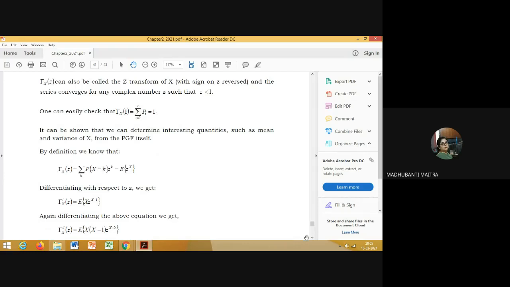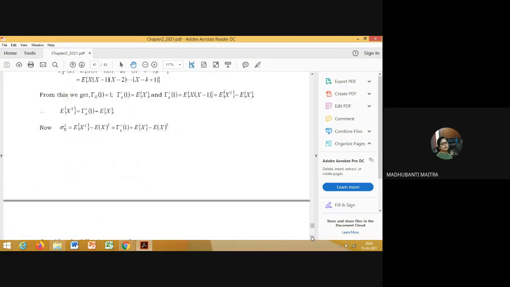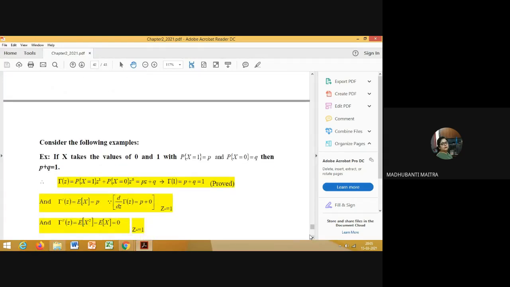So now within the summation, we will get only two terms. One for probability that x is equal to 1, and the other for probability that x is equal to 0. So the probability generating function tau z will have the form probability x equal to 1 z to the power 1 plus probability x equal to 0 into z to the power 0.